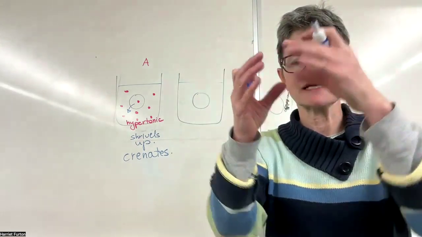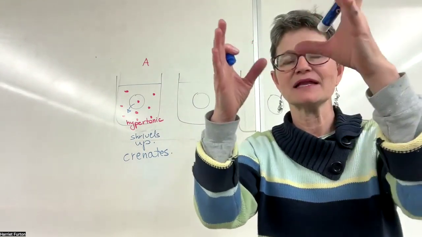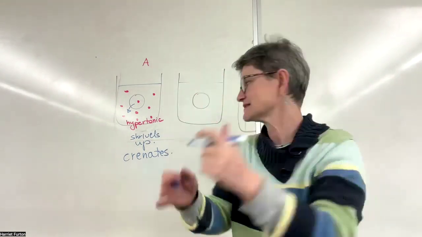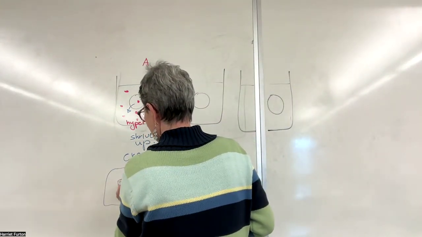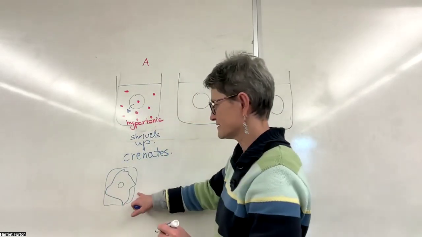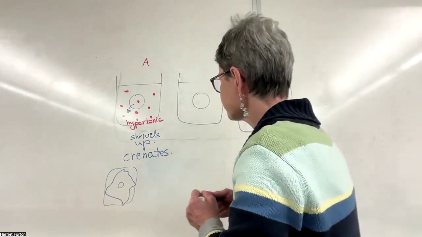The cell shrinks, the cell wall will stay the same, but the cell membrane gets detached from the cell wall. So the cell would look like something like this for the plant. This is the nucleus for a plant cell.